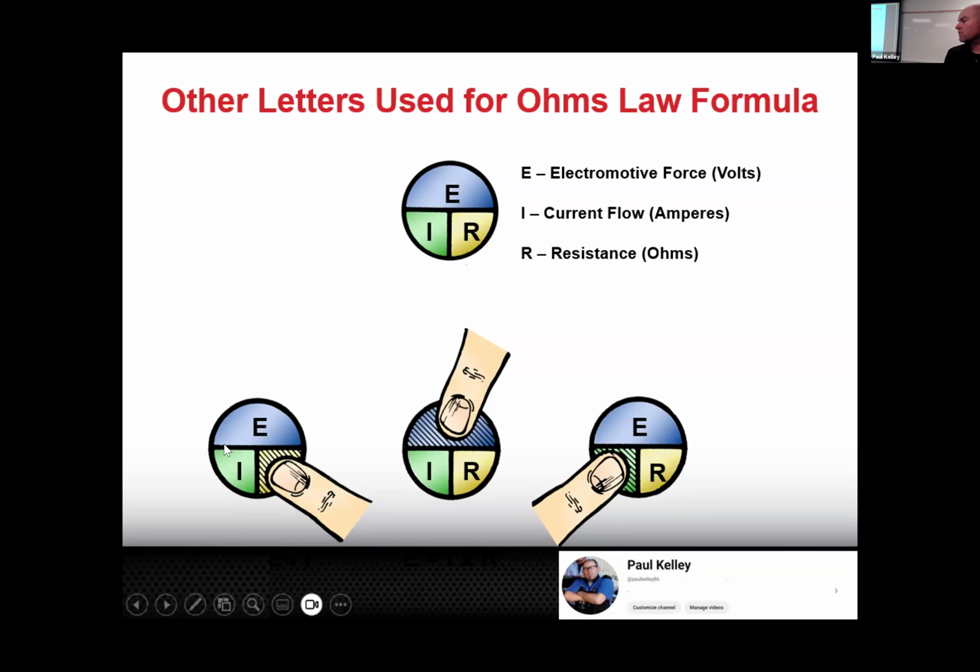Yes, volts divided by amps. Or let's say that you don't have the E, you don't have the volts. You cover up the E, or the V, and now you have I next to R. That becomes a multiplication. I'm going to make a little note about that. If they're next to each other, it's not plus, it's multiply.